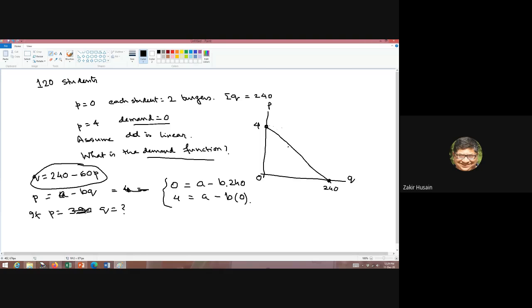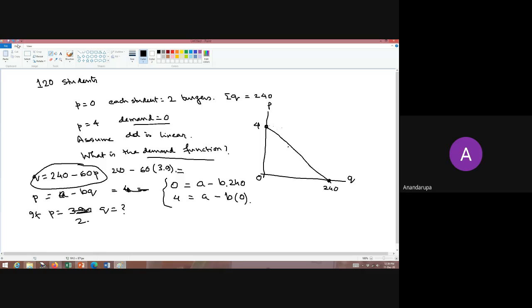Or let's make it easy. Suppose price is 2. So it will be 120. You simply have to put in the value of price over here. In this case, it is 2. If it was 3.9, it would have been simply 240 minus 60 into 3.9, and then you should have solved it.